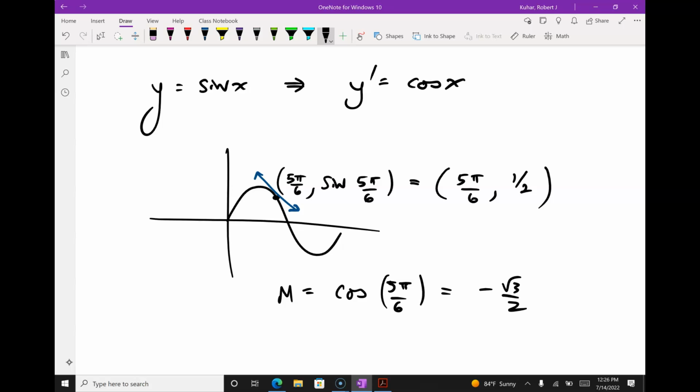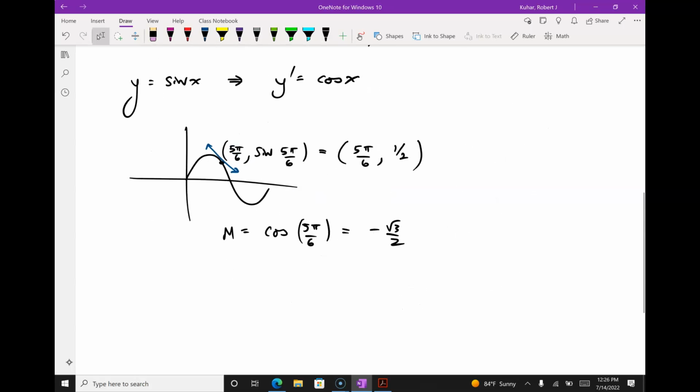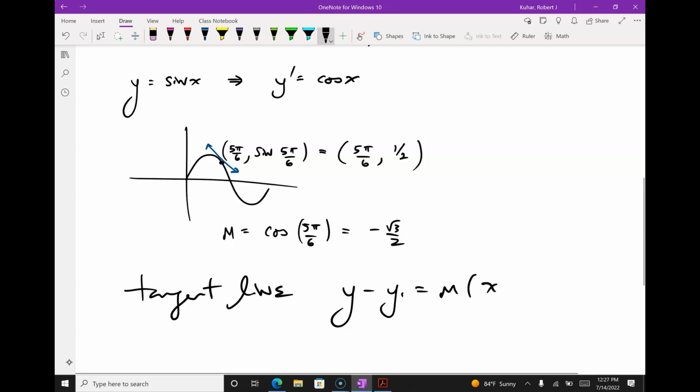Yep. So my tangent line is y minus y1 equals m times x minus x1. That's from algebra 1. Point slope form. Make it your friend.